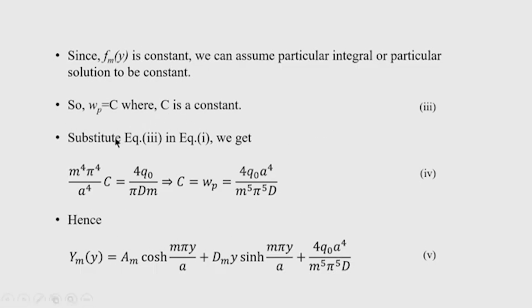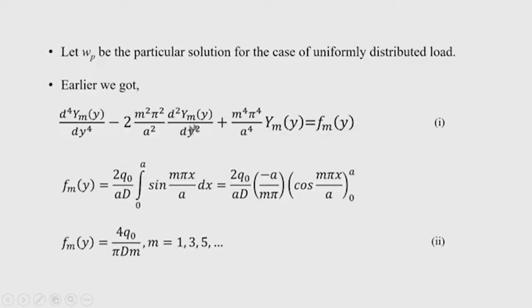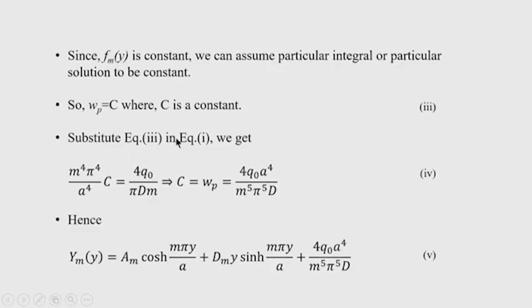After substituting, when the constant is substituted, y m is equal to a constant, then this term goes to 0, this also goes to 0. So, here it will be m to the power 4 pi to the power 4 divided by a to the power 4 into c equal to the constant. The constant is 4 q naught divided by pi d m.